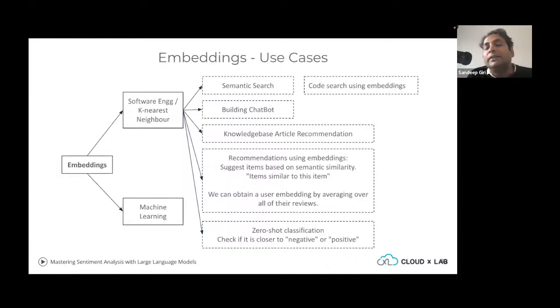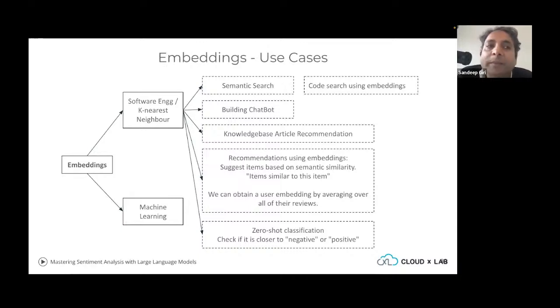So if you have, let's say, 50 paragraphs, and there is a question, and you have to find out which of these 50 paragraphs are similar to the question being asked, you generate the embeddings of all the 50 paragraphs, you generate the embedding for the question being asked, and then you compare the embedding of the question with each of the 50 paragraphs. So 50 comparisons, and then you'll be able to say that this one is the closest one, and that's how you build the search.